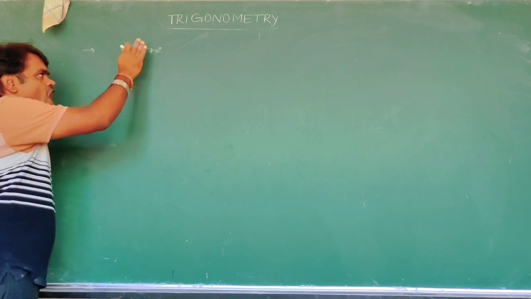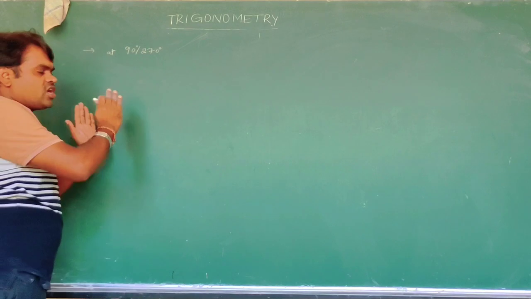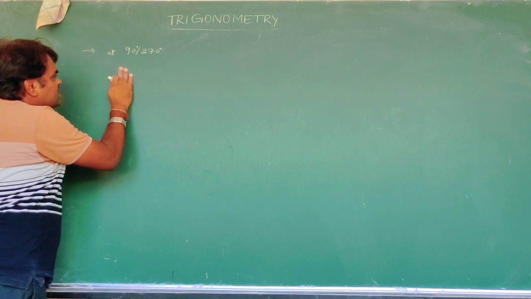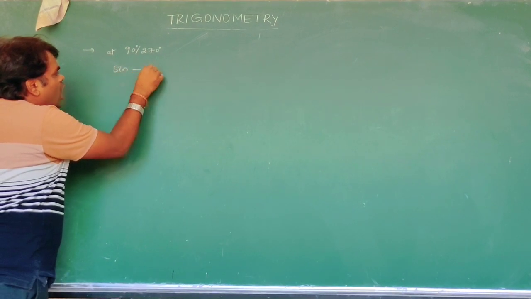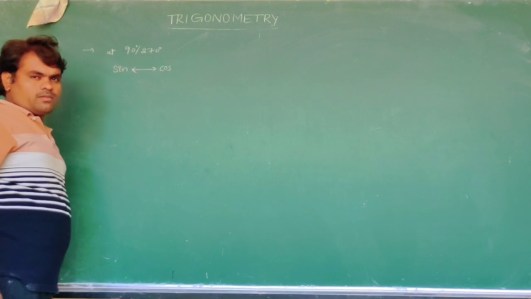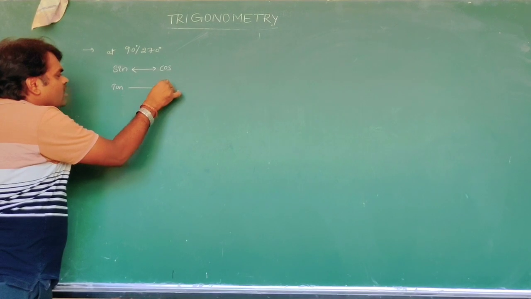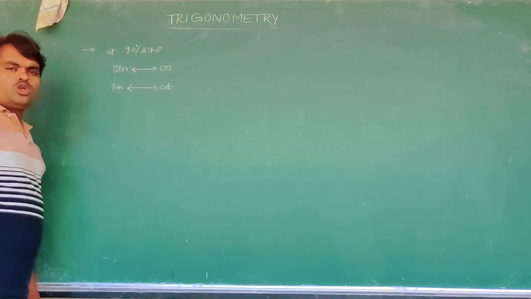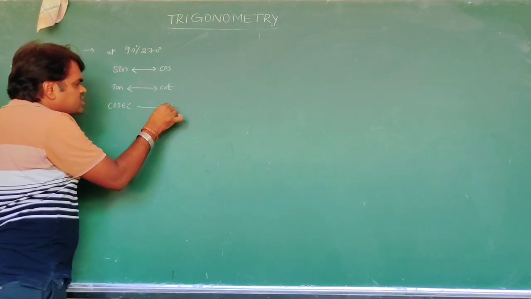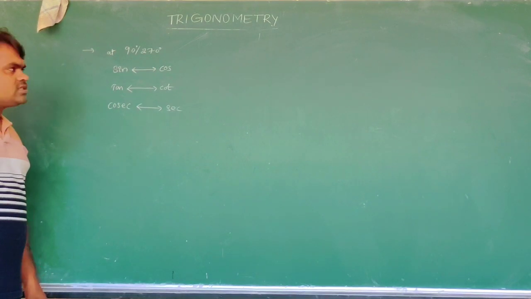At 90 degrees or 270 degrees, the trigonometric ratio functions are modified. At angle 90, sine changes to cos, cos changes to sine, tan changes to cot, cot changes to tan, cosecant changes to secant, and secant changes to cosecant.